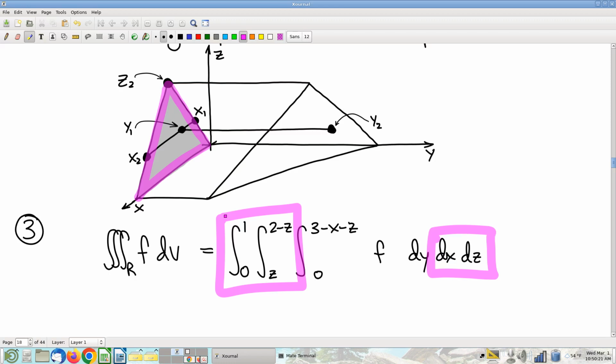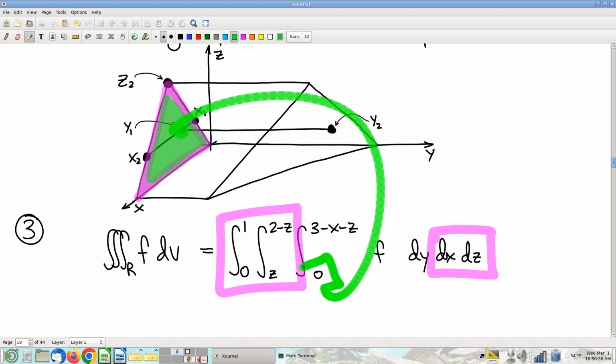And then, as I move in the y direction, my first y bound comes from that point, which is on this plane, which has a certain equation, and solve for y, and I get 0, of course. Also pretty evident just straight from the picture.